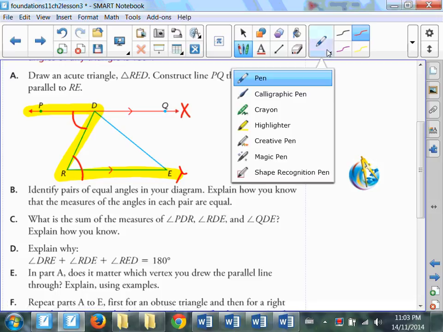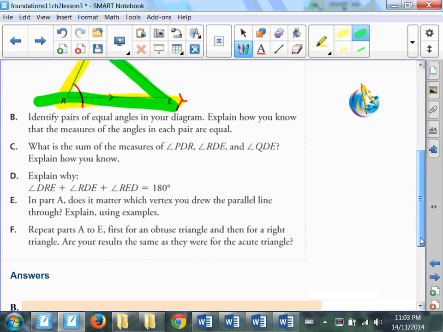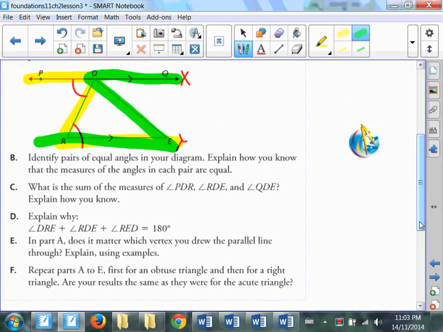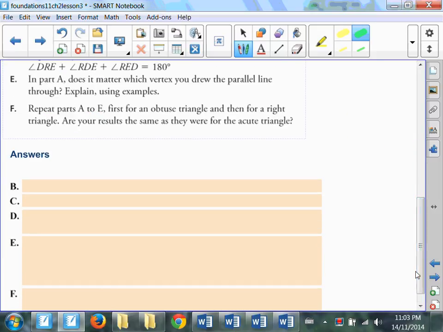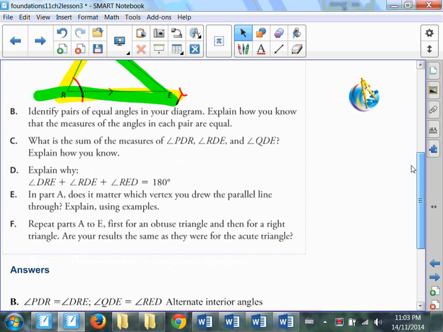Likewise, I can make another Z here, and angle QDE is going to equal angle RED. Okay? So that's what we know for sure, by alternate interior angles, or as I say, Z pattern.